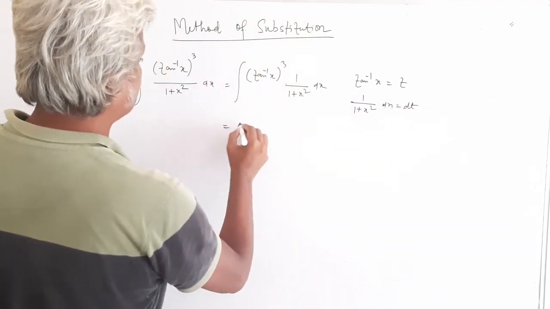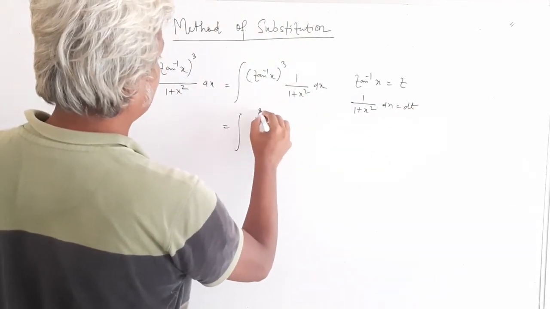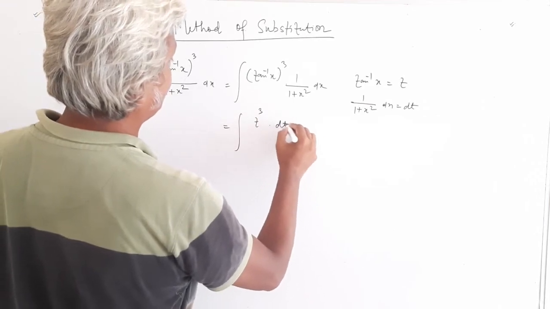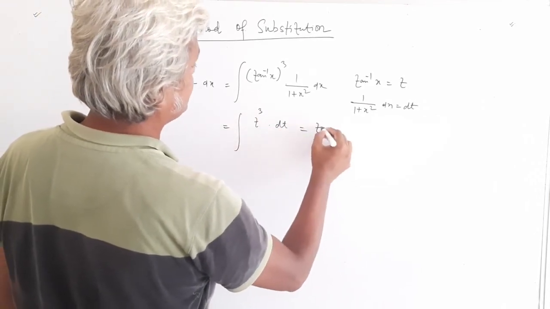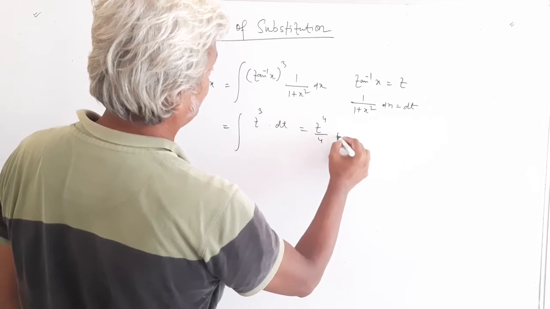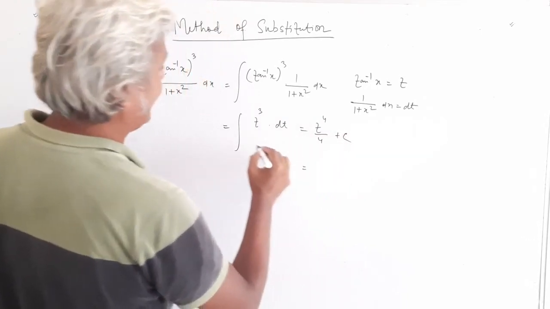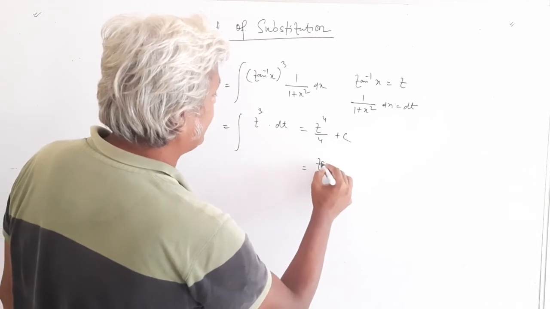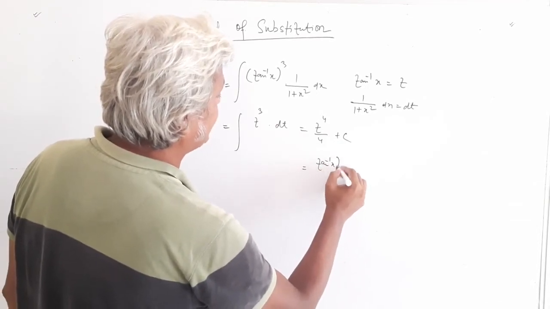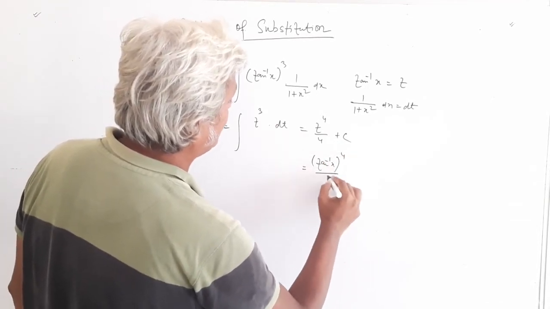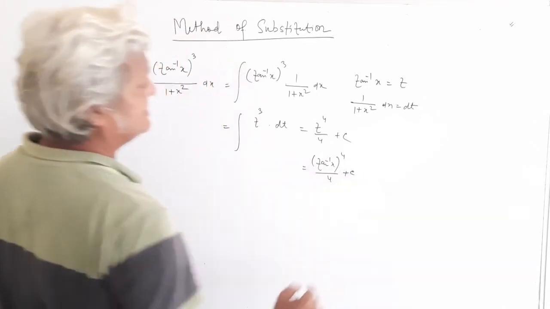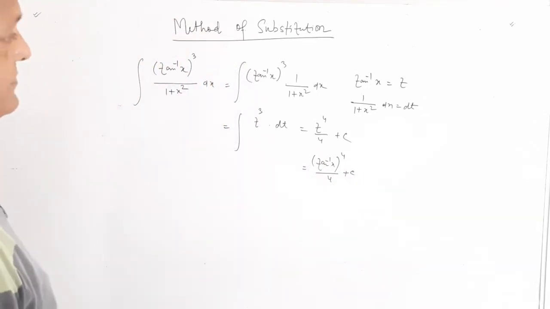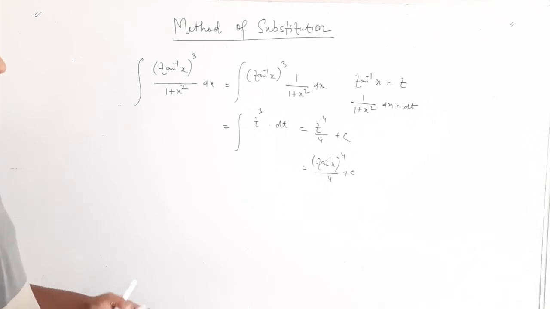So now this term will become t cube dt. Integration of this is t to the power 4 over 4 plus c, and now put the value of t back into the expression. So you get tan inverse x to the power 4 over 4 plus c. This is your answer. Now I'll take a few more examples.